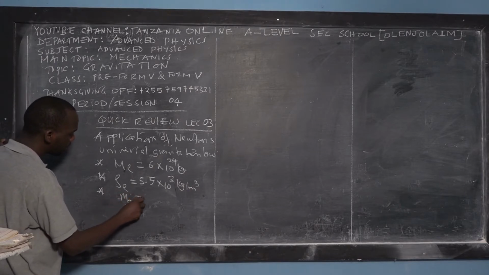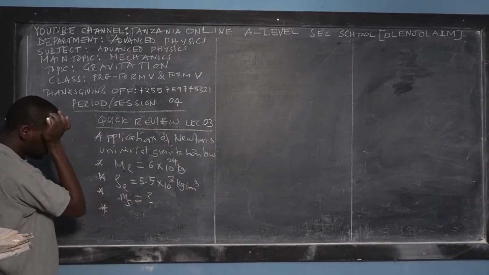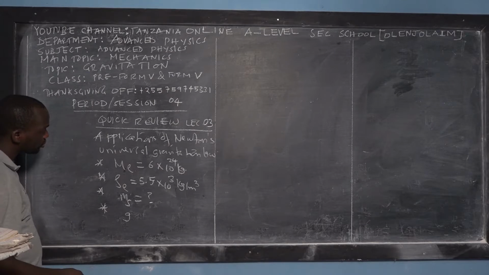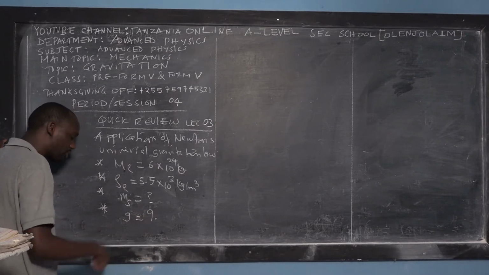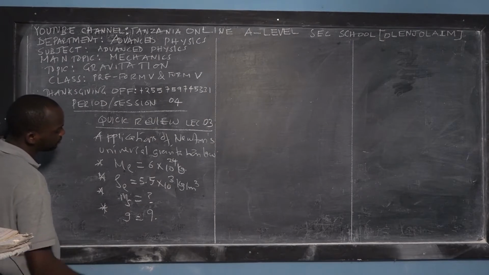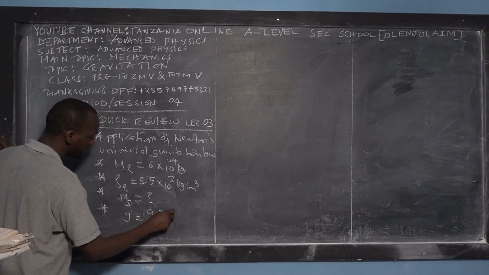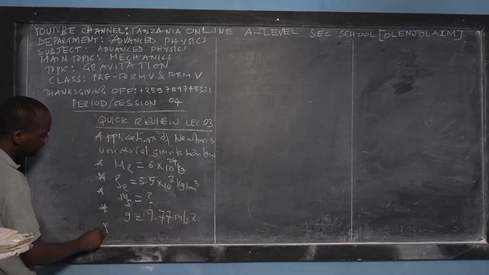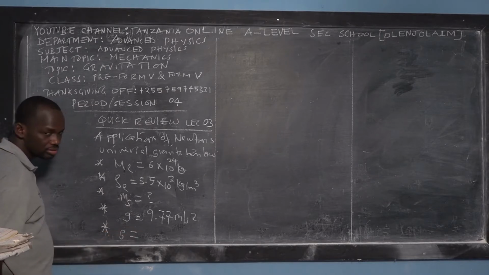And then I taught you how we can use Newton's universal gravitational law to derive the formula for acceleration of gravity, G, and we found 9.7 meter per second square. Again, I left homework that you derive an expression for G.